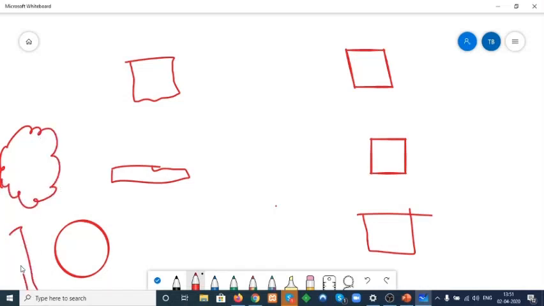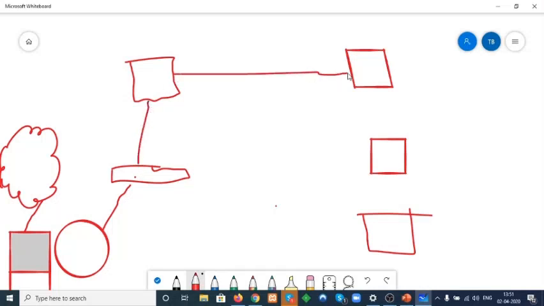Here is a modem. The router connects to the modem, this one connects to here. So this is a network: a bunch of devices connecting to each other, communicating with each other, and connecting to the internet. That is actually the computer network, the simple definition.